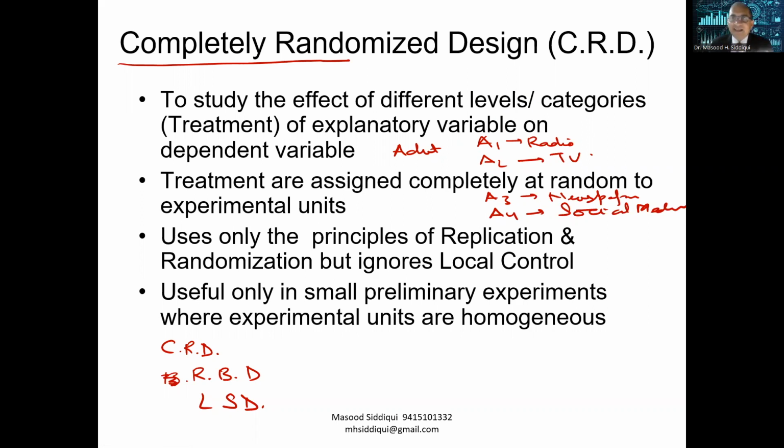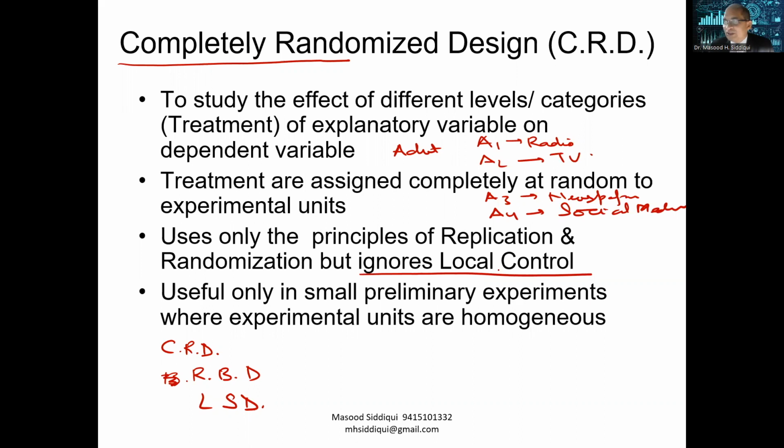As the name suggests, here treatments are assigned completely at random to the experimental units. There is no bar, there is no control. Since we have full randomization, it does not have the third characteristic, known as local control. So it uses only two principles of research design: one is the principle of replication, the other is the principle of randomization.